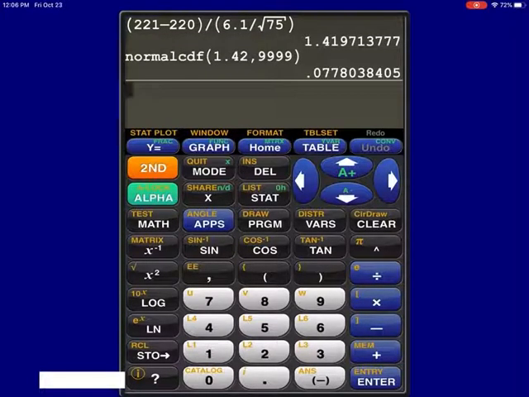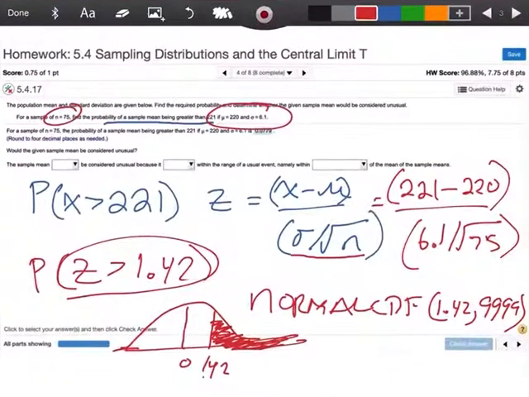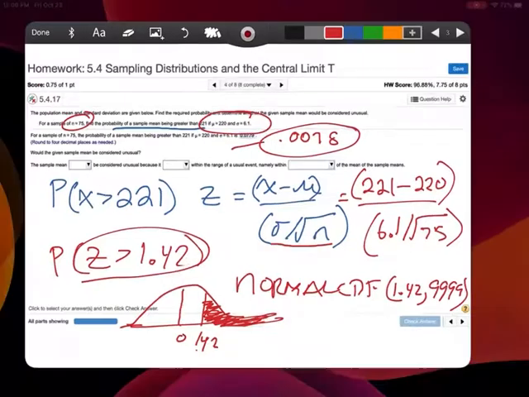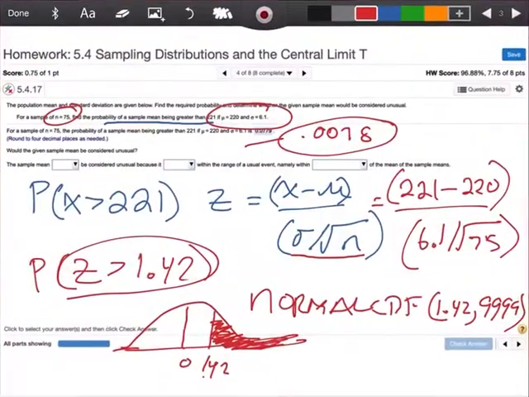And if you notice, to 4 decimal places, I'm coming up with 0.0078. MyMathLab has a little bit of tolerance, meaning if I come up with 0.0078 or 0.0079, they're not going to be too picky about it. That's just the number that I came up with. I'm double checking, and yes, that's what we came up with.